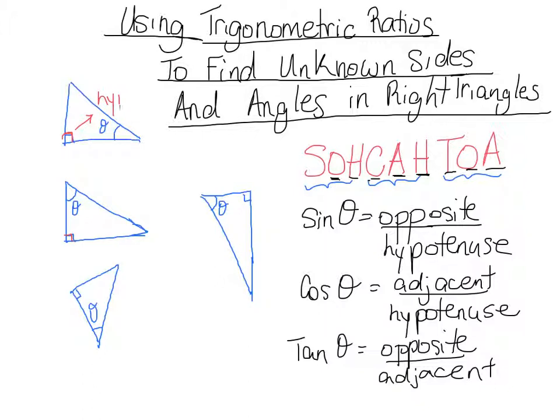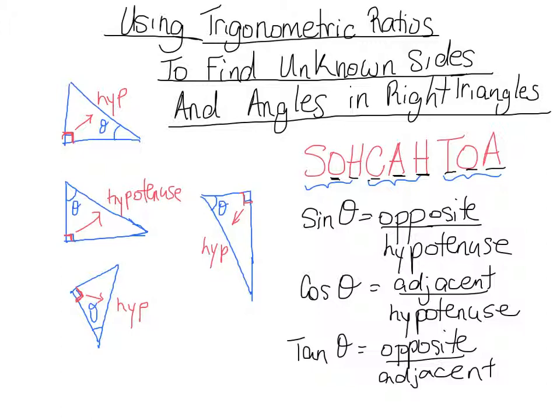So our hypotenuse is the longest side across from our 90-degree angle. Same here. Actually, I could just call it hyp for short. That's our 90-degree angle. So our hypotenuse is here. In this triangle, our hypotenuse is over here, across from the 90-degree angle.